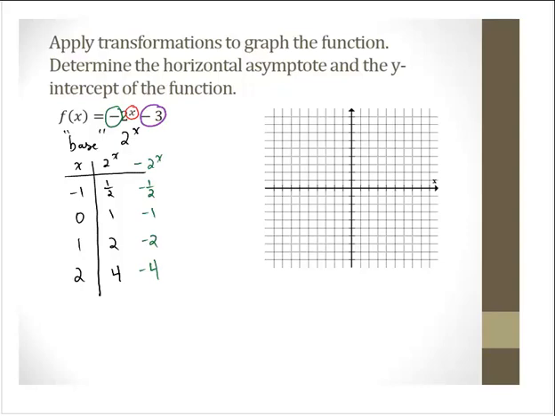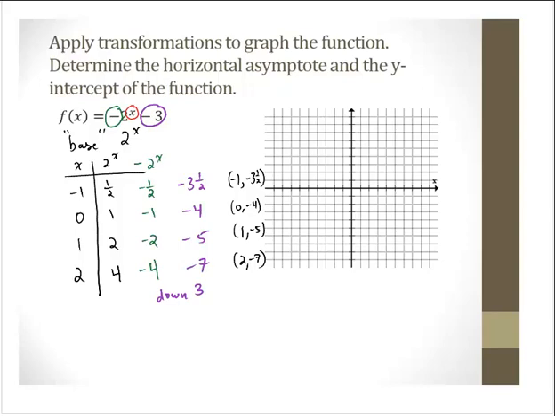So that's a shift down 3. -1/2 minus 3, that's -3.5, -4, -5, -7. So some points on the curve: -1, -3.5, 0, -4, 1, -5, 2, -7.